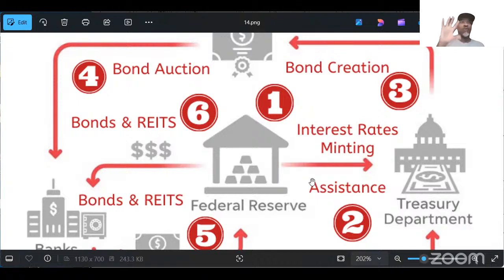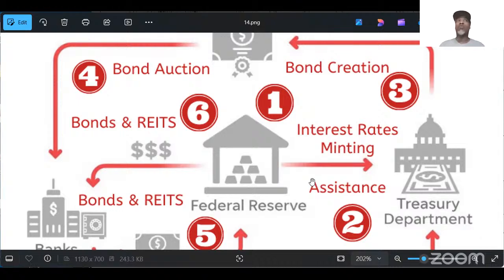With all of those 200 plus central banks, every single one of them depends on the Federal Reserve. The Federal Reserve will do something first, and then every other central bank will react to the Fed. So we start with the Fed. What does the Fed do?